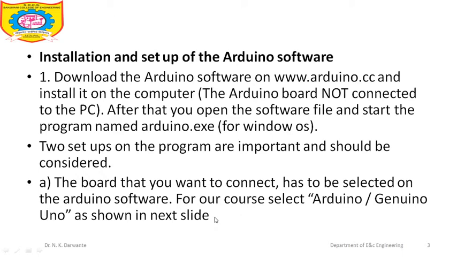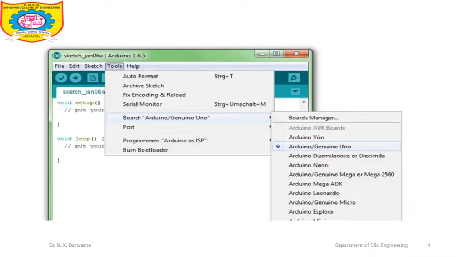Now different types of boards are there, and for that purpose you need to select the proper configuration. As for our demonstration we are using the Arduino Uno, so you have to select the same in the window. This window shows an earlier version, but just for understanding purposes I am using this image.